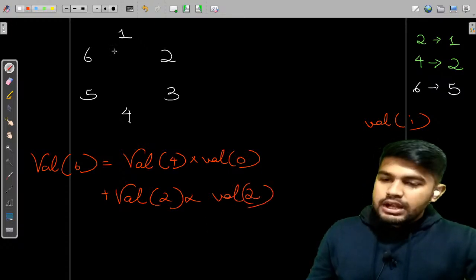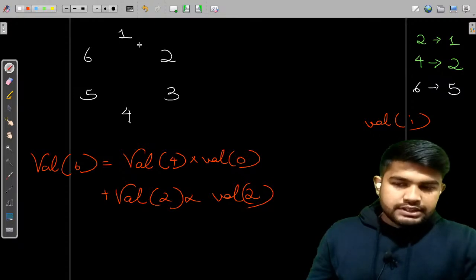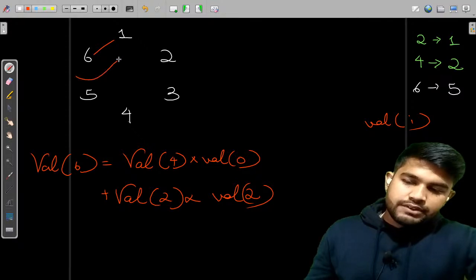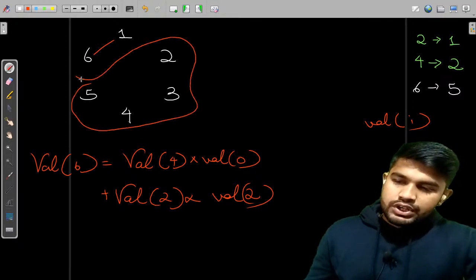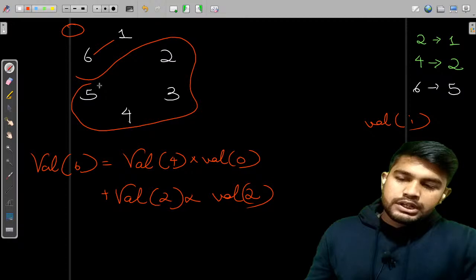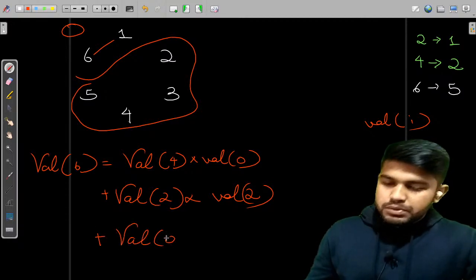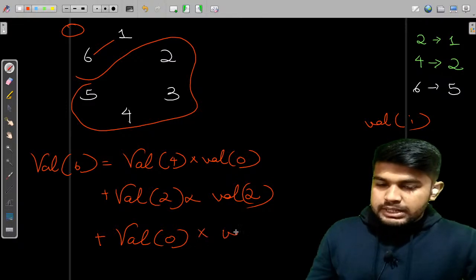Now again 1 can't make a pair with this. 1 can make a pair with 6. If 1 makes a pair with 6, then this is value of 0 multiplied with value of 4.